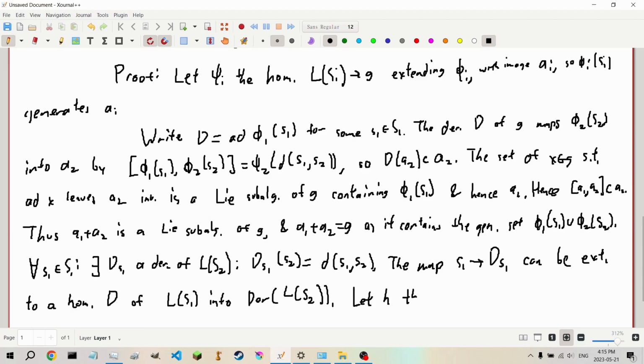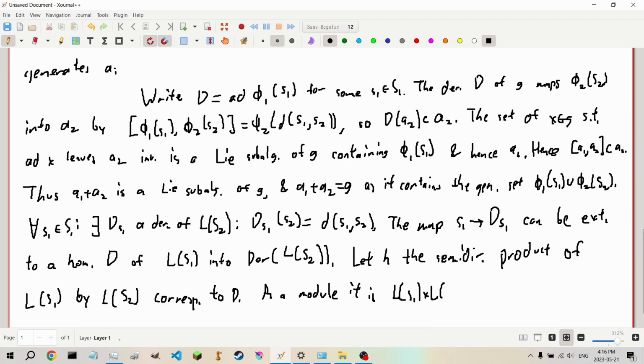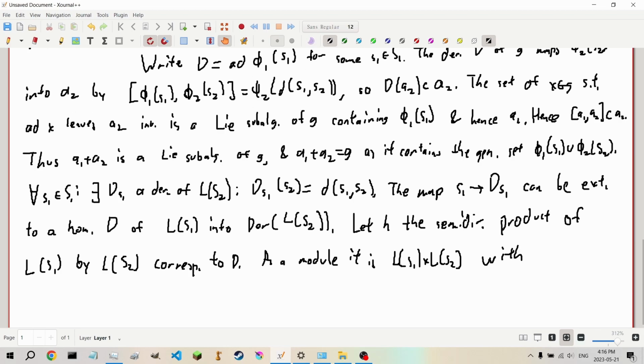Let H be the semidirect product of the free algebra of S1 by the free algebra of S2 corresponding to D. As a module, it is then L(S1) times L(S2), with, in particular, the bracket of an element s1 on its own with the element s2 on its own being 0 and d of s1, s2.